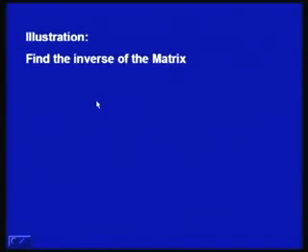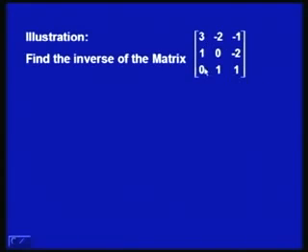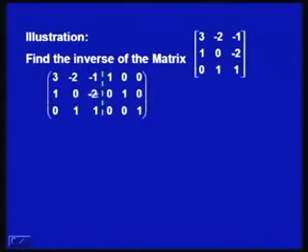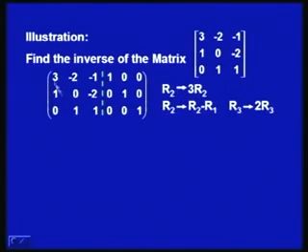Now let us illustrate with an example. So let us find the inverse of a 3 by 3 matrix as this. Then we consider the augmented matrix as this matrix. On the right hand side will be an identity matrix of order 3. What we have to do is transform this matrix into the identity matrix, and by the time it is the identity matrix, this will become the inverse of this matrix. Now to convert this into the identity matrix, first this should be 1 and this should be 0.